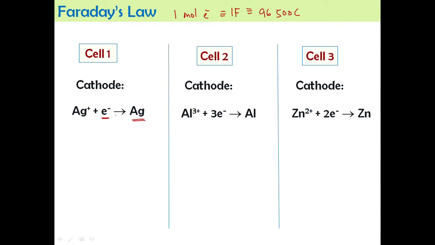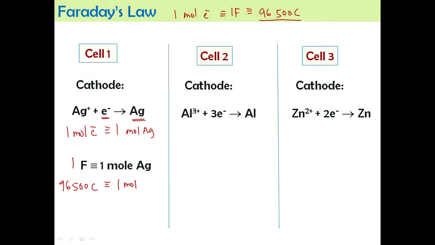Because kita concern electron. Jadi, daripada equation ini, kita boleh nampak 1 mole of electron akan menghasilkan 1 mole Ag. Okay, 1 mole electron akan carry 1 Faraday. 1 Faraday bersamaan dengan 96,500 coulomb. So, means we have to supply 96,500 coulombs baru dapat 1 mole Ag.